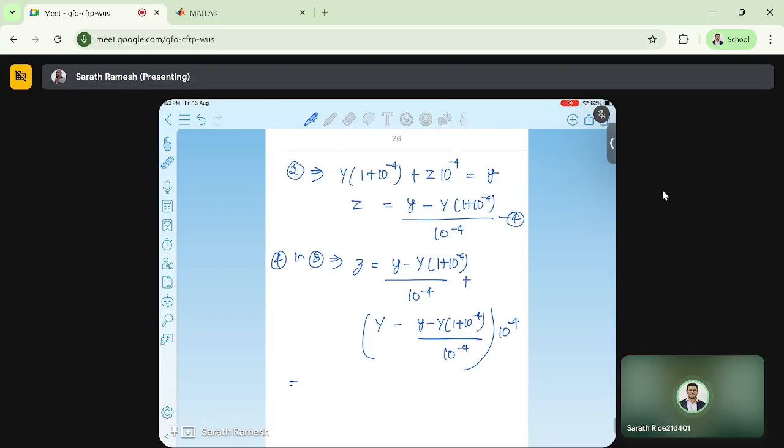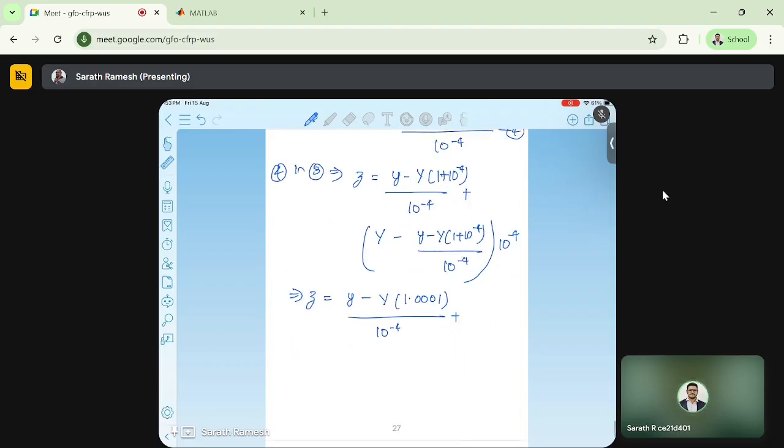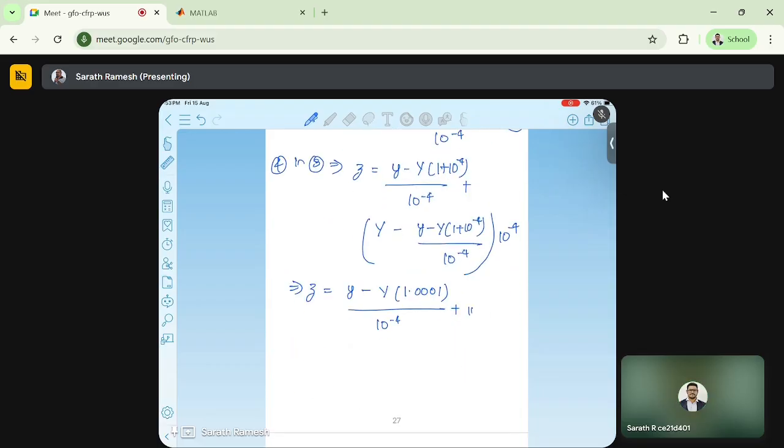So this implies small z equal to y minus capital Y into 1.0001 divided by 10 to the power minus 4, plus 10 to the power minus 4 y, and minus y into 1.0001.